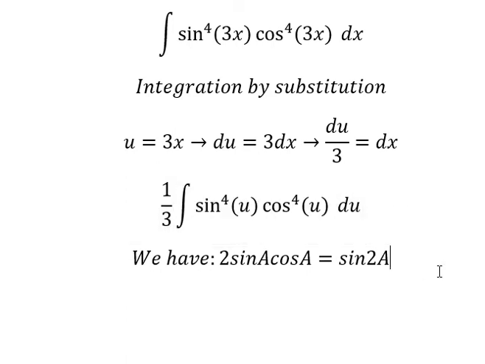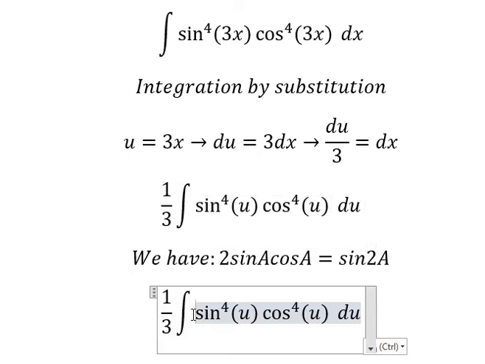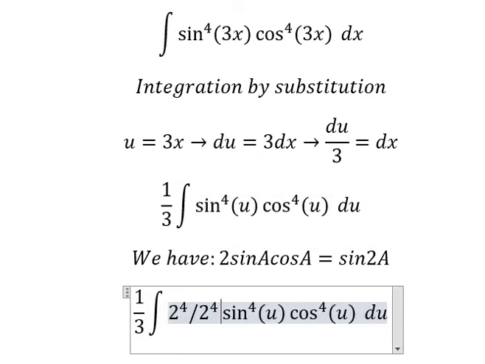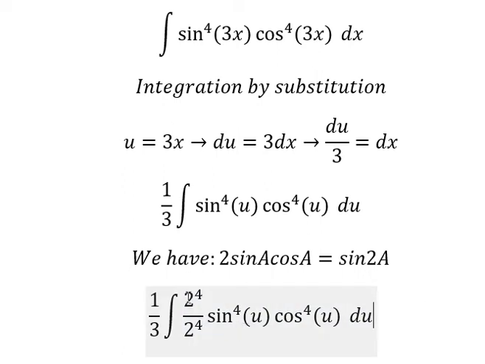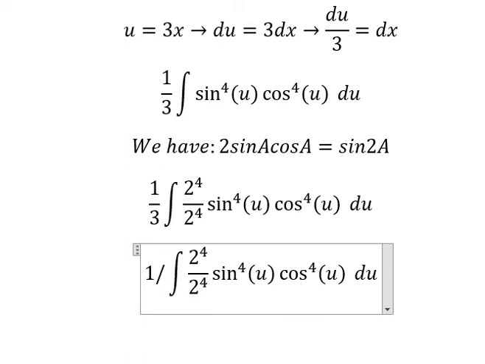To transform this one, we need to put 2 to the power of 4 over 2 to the power of 4, because I want to combine the number 2 with sine u and cosine u inside the power of 4 in here. So 2 to the power of 4 with the number 3, you get 1 over 48.